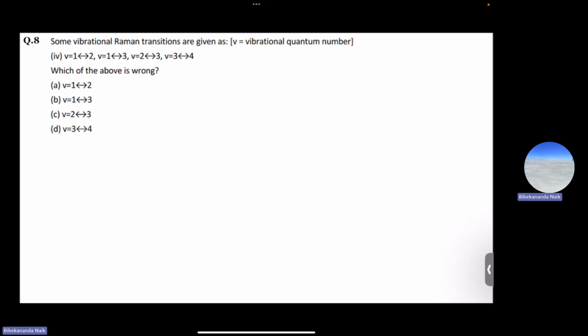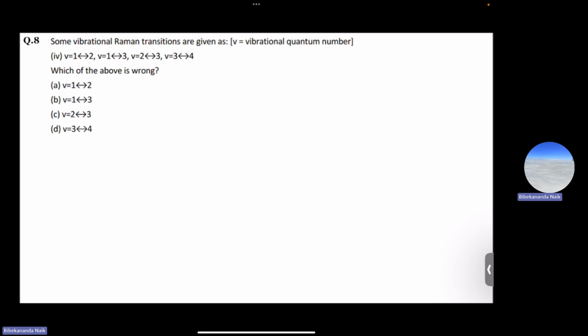Question number 8 says some vibrational Raman transitions are given, where V is the vibrational quantum number: V1 to 2, V1 to 3, V2 to 3, and V3 to 4. Which of the above is wrong?